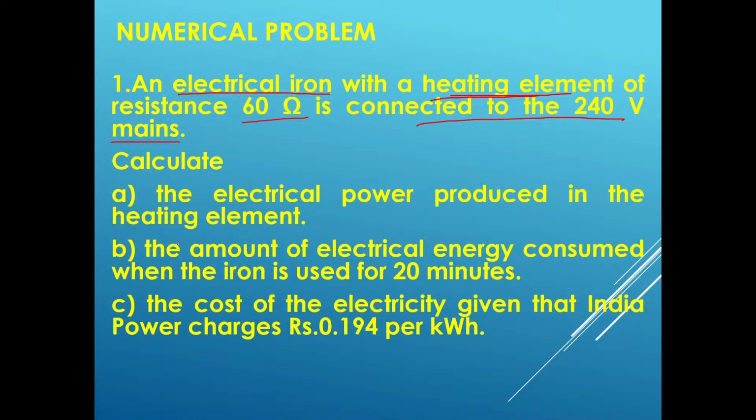We have to calculate the electric power produced in the heating element and the amount of electrical energy consumed when the iron is used for 20 minutes, and the cost of the electricity as per the Indian standards, with the power charging rate given as rupees 0.194 per kilowatt hour. So we have to calculate all this. If you have completed, just mention C in the chat box.